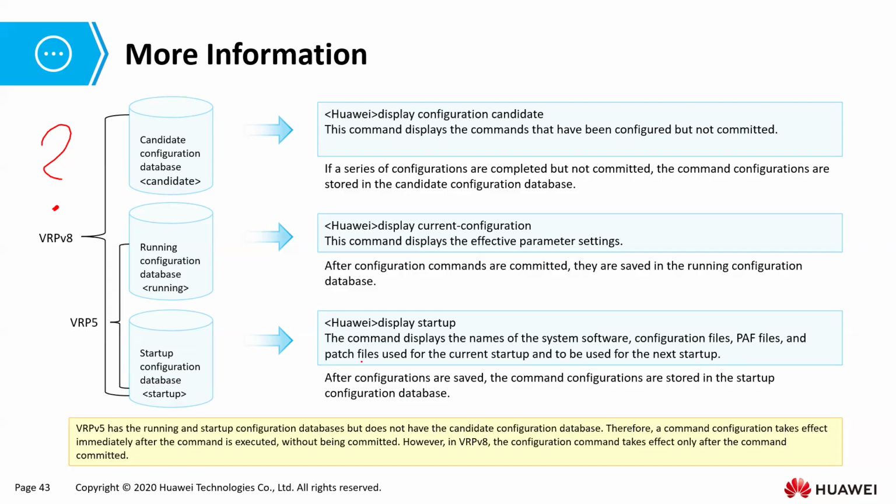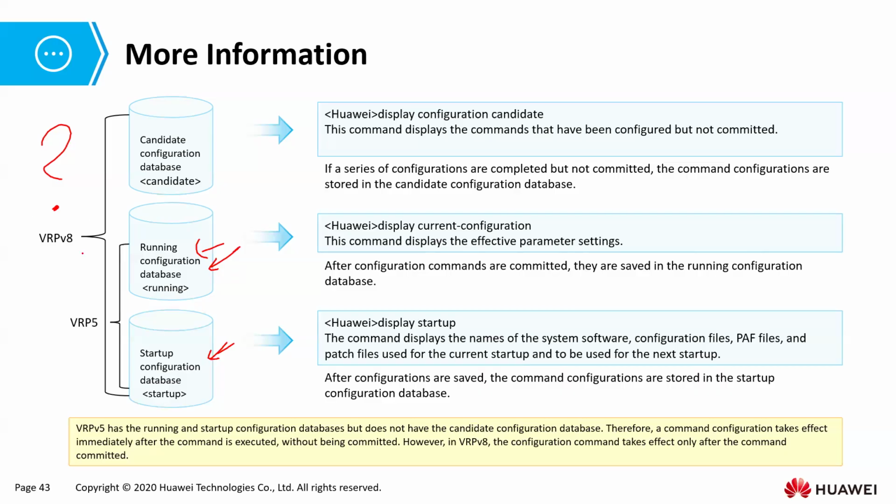So I think this more information is showing the difference between version 5 and version 8. Version 5 only has the running configs and the startup configs. So as soon as you enter a command in version 5, it is sent to the running configuration database.